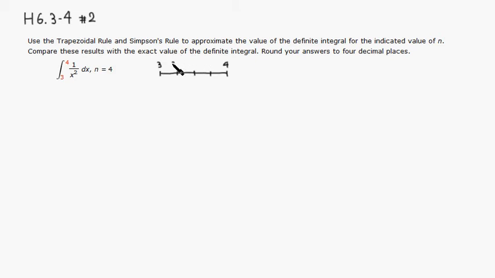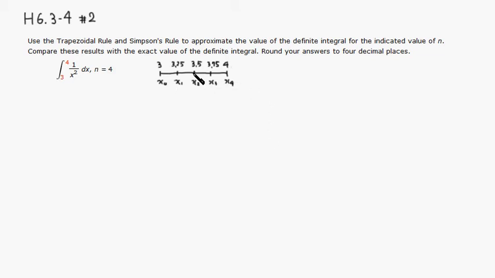So here this is 3.25, right in the middle is 3.5, and this will be 3.75. This is our x0, x1, x2, x3, x4.